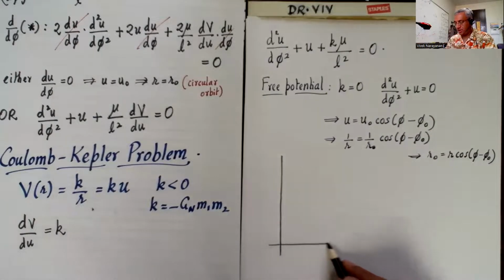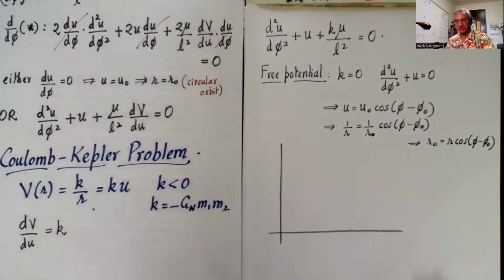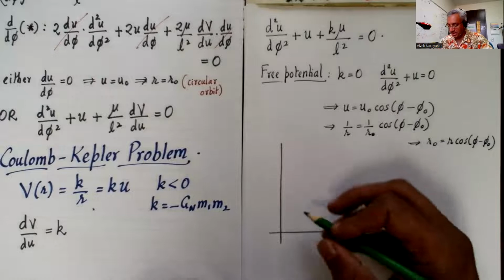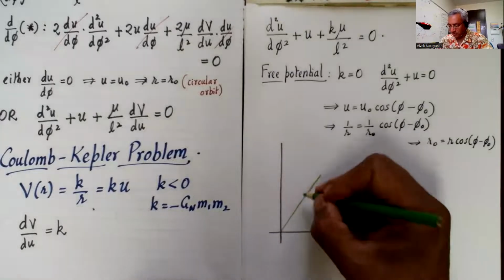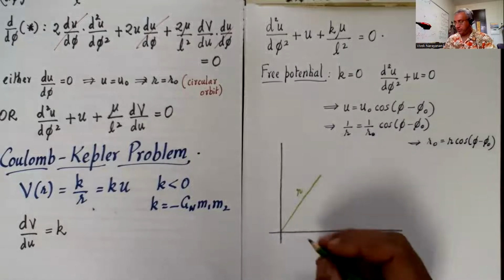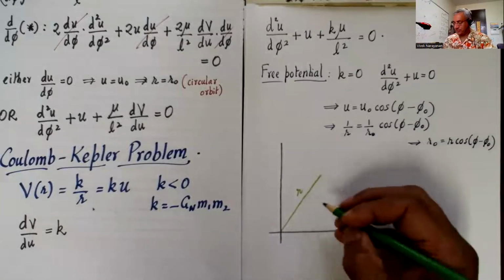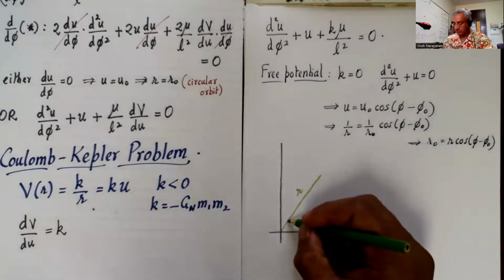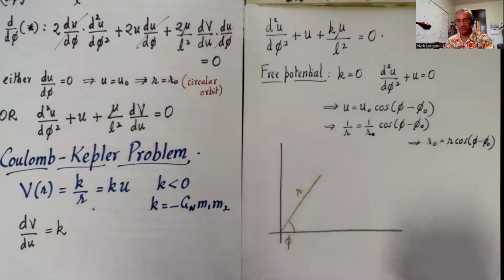In the polar coordinate plane, I'm drawing the Cartesian even as I speak because it's easier to visualize things in Cartesian. But in the polar coordinate plane, all you're allowed to draw is this r vector and the theta, or the phi angle. So this is the total angle phi from the initial ray.